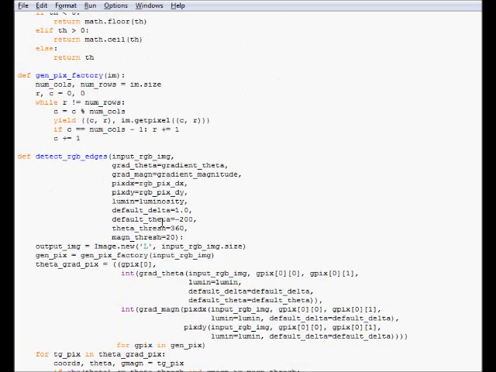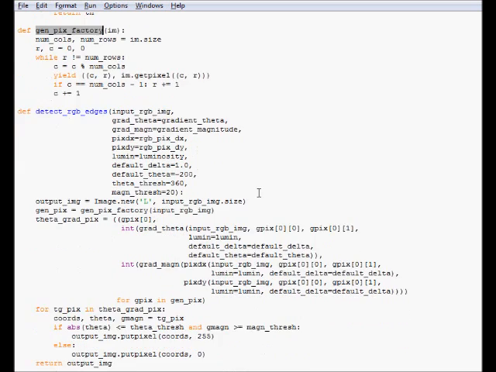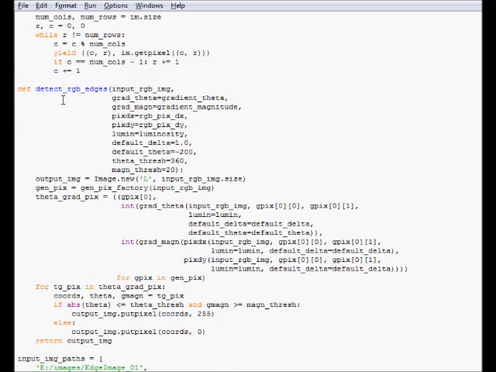So this is the utility that we used in the previous screencasts on PIL. On Edge is basically an iterator, a Python generator rather, that yields tuples CR and RGB pixel value. And detect RGB edges is the real workhorse.